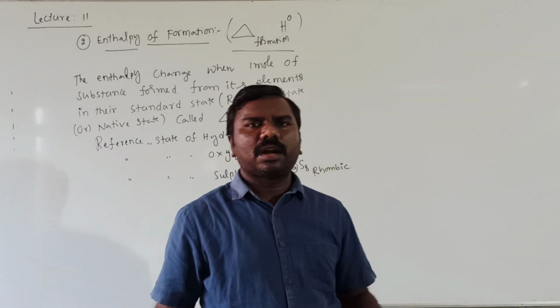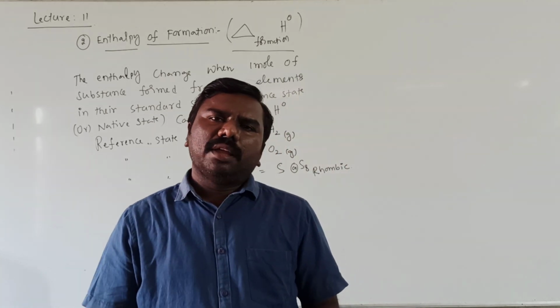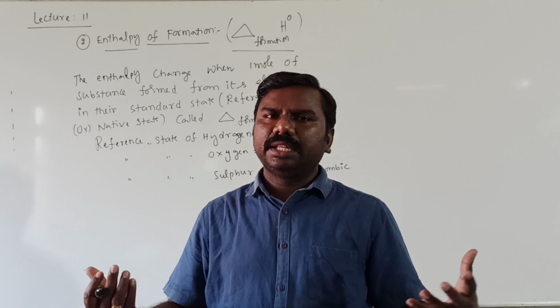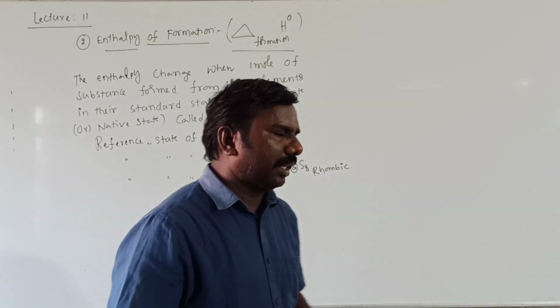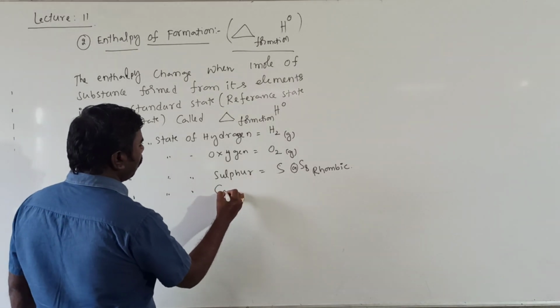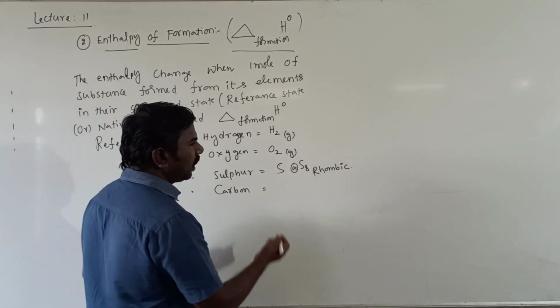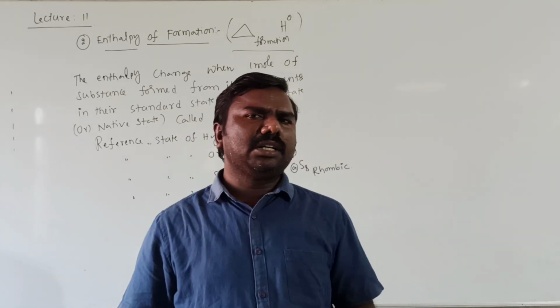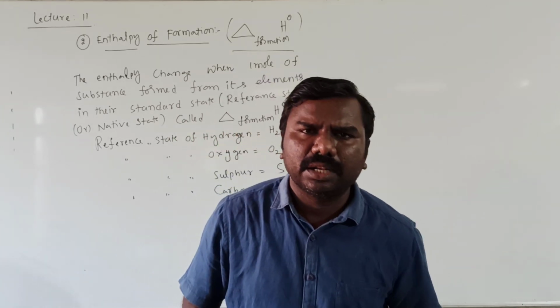Many sulfurs are there: alpha, beta, gamma, rhombic sulfur. The next one is monoclinic sulfur, yellow sulfur, like that. Many are there. Next, reference state of carbon: carbon has many forms. One is diamond, graphite, fullerenes, many are there.